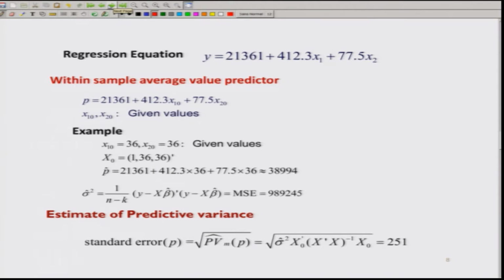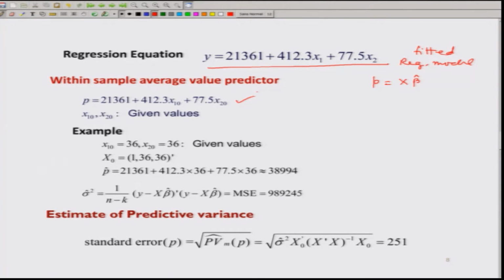But before that, remember that this was our regression model that was fitted. Okay. Now, using this regression model, we had discussed that a predictor can be constructed as x beta hat. So, using this model, we have constructed this predictor, where x1 naught and x2 naught are some given values.